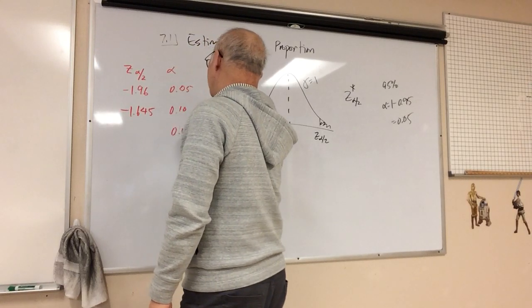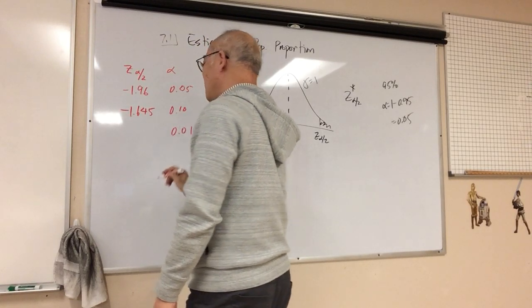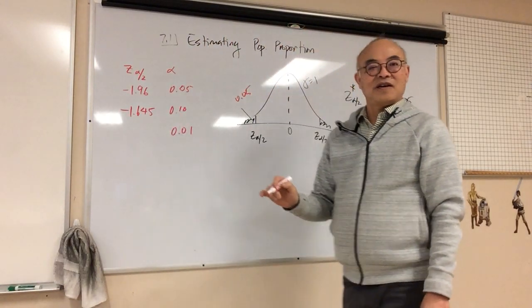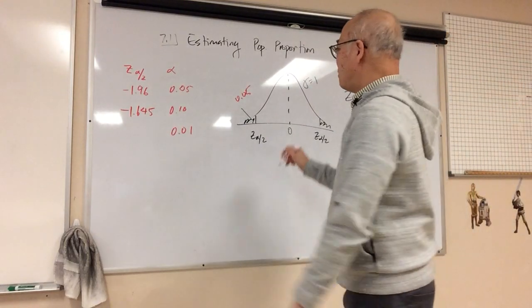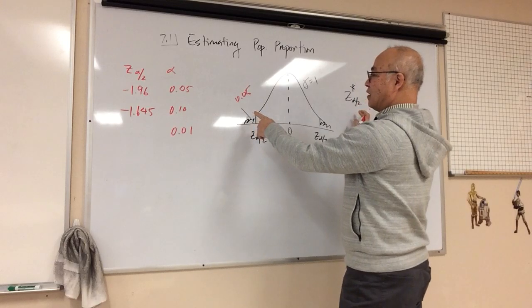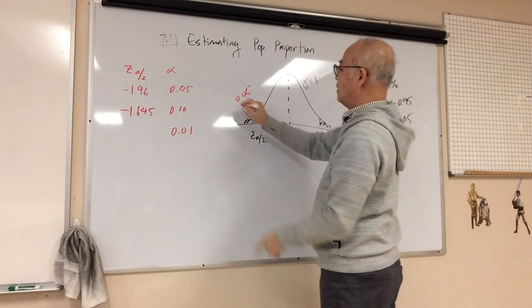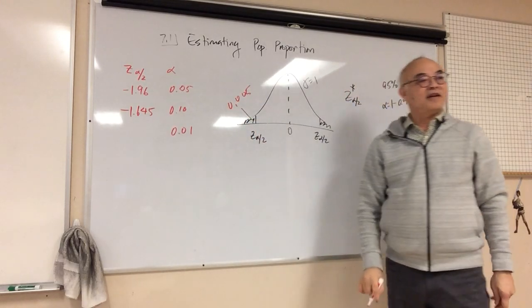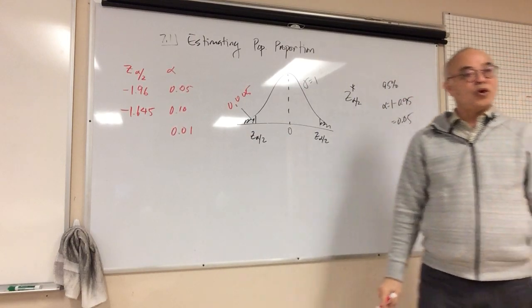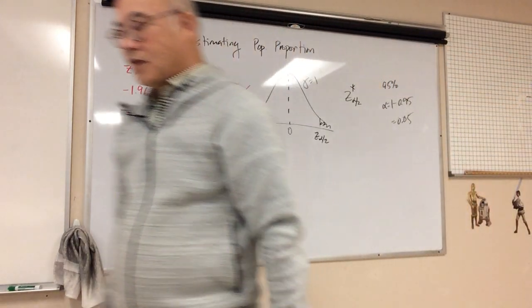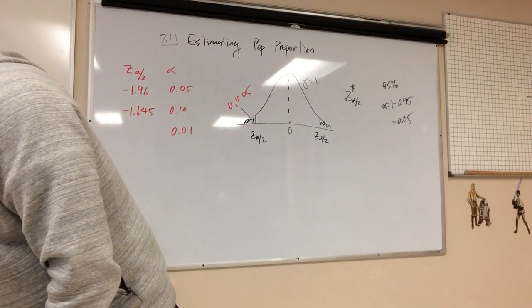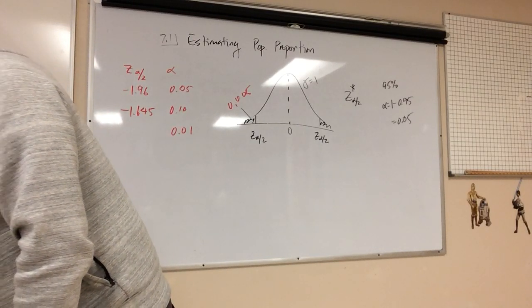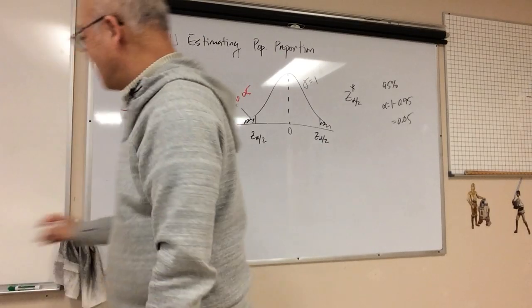What if it was 0.01? Then on both sides I would have that. Does that make sense? 0.005. So where would I find 0.005?